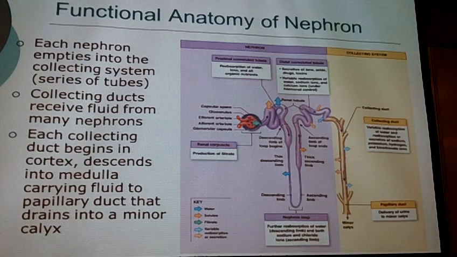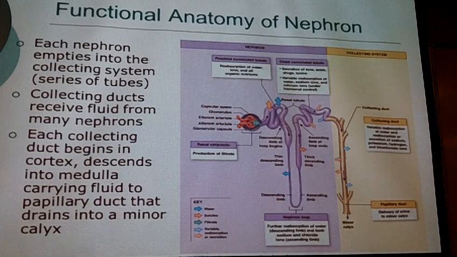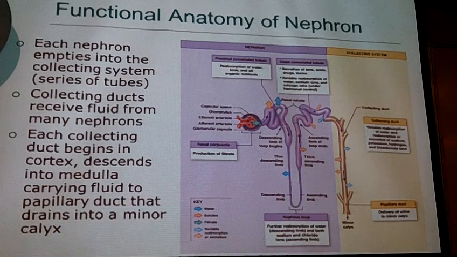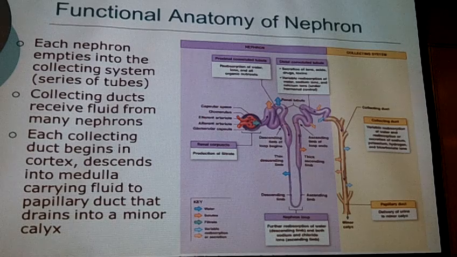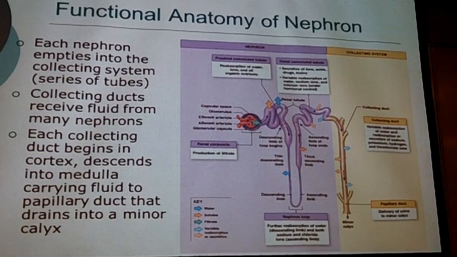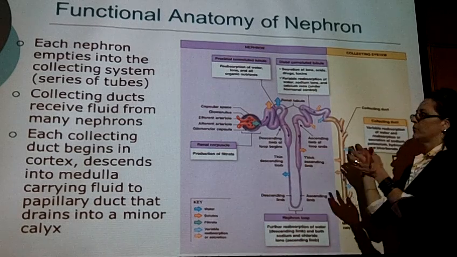If they're actively transported, then in the wall here you have to have a sodium transporter, and that can transport sodium. Or you have to have a chloride transporter, and that will transport chloride. If you don't have a specific active transport pump, then you're relying on basic facilitated diffusion. But that's how things are going to be moving.